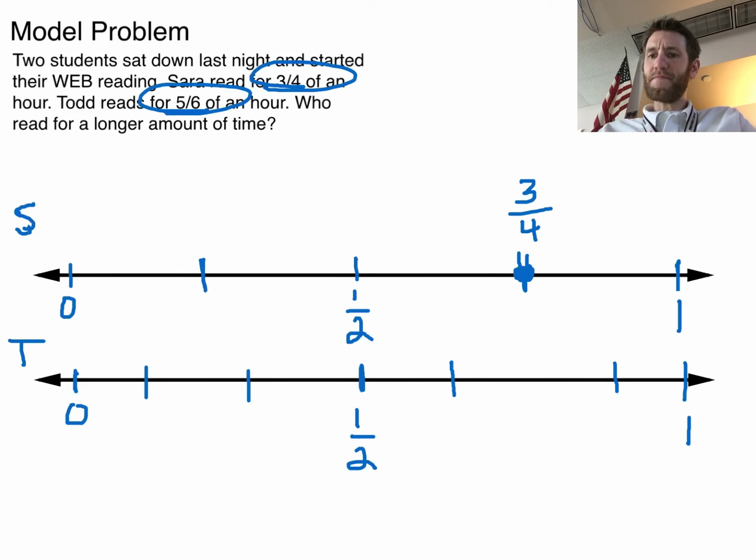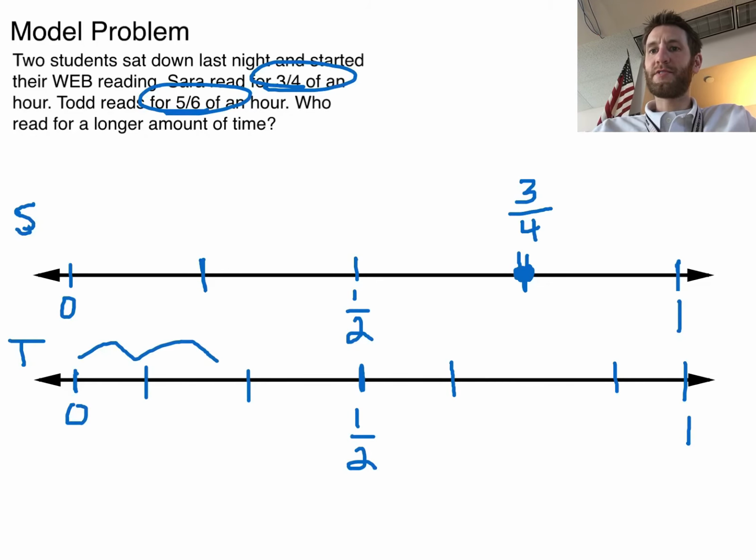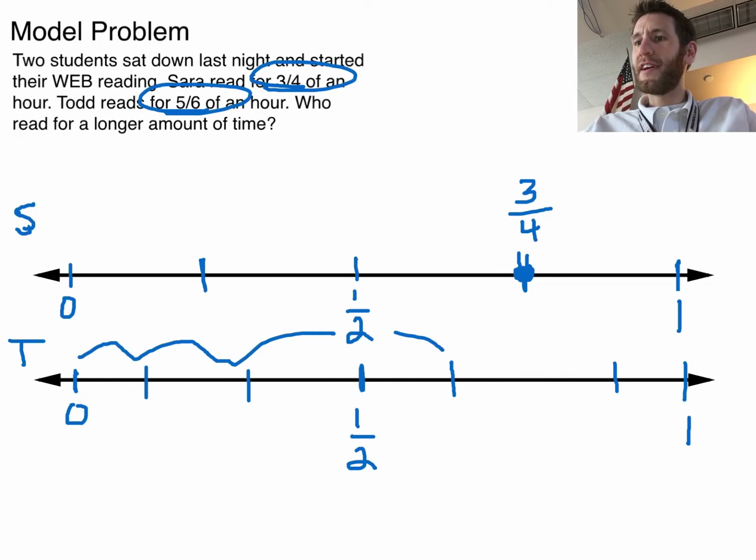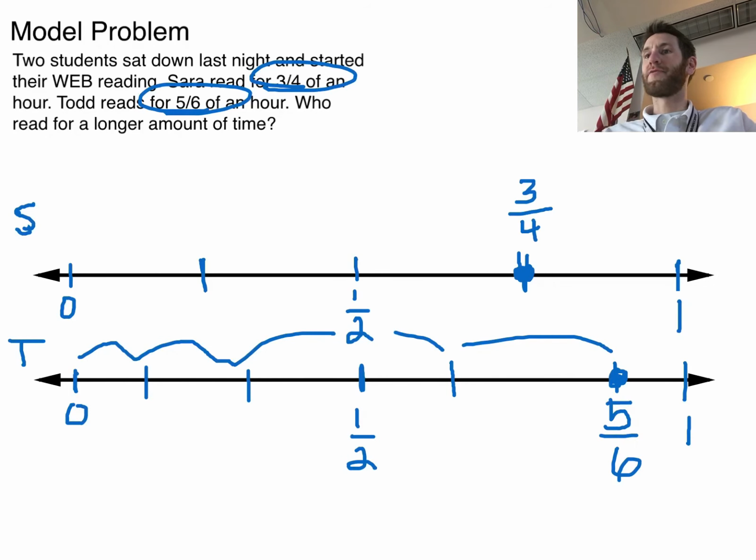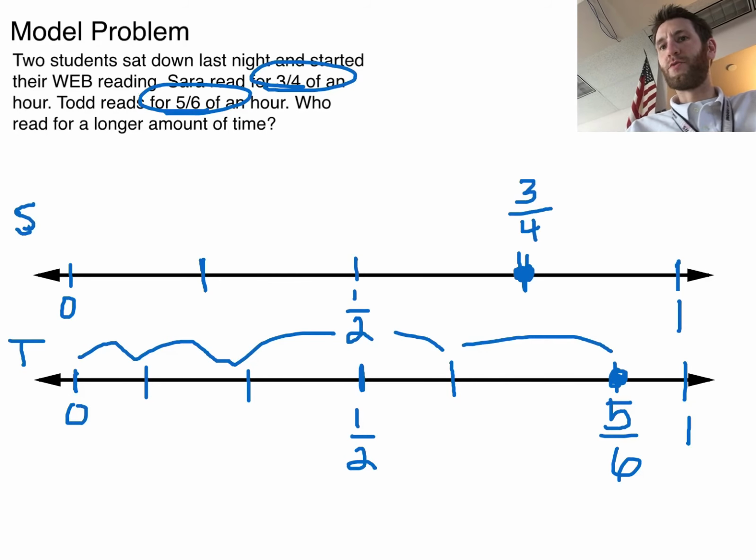And I'll now place on the number line what Todd read. Let's say I have 1/6, 2/6, 3/6, 4/6, and 5/6. So I know that Todd read 5/6, and just visually I can see that Todd read for the longer amount of time. So who read? Todd read.